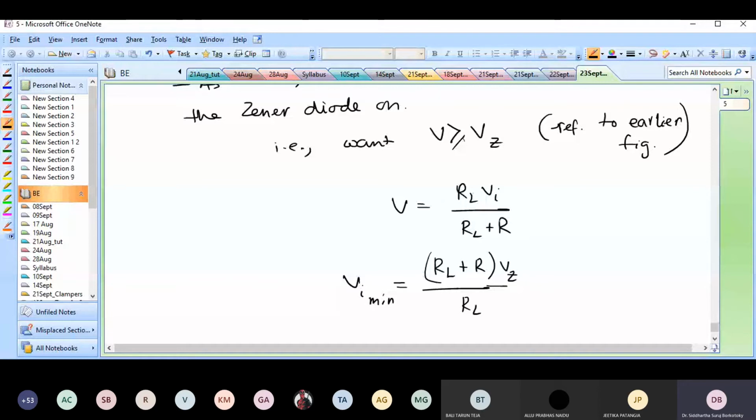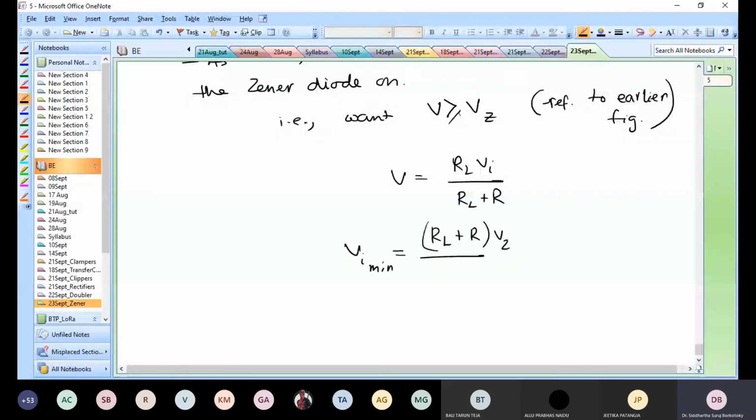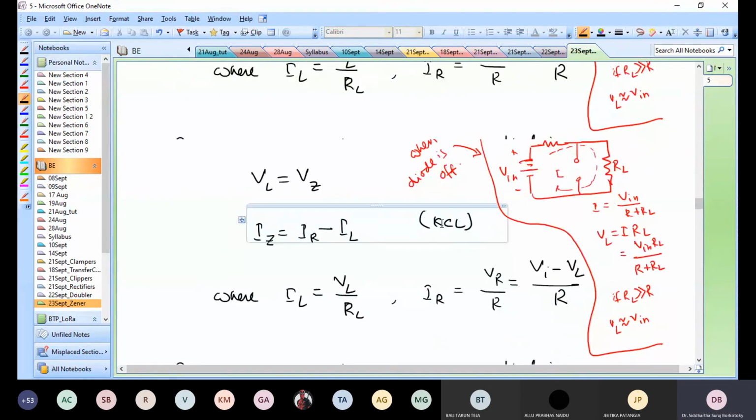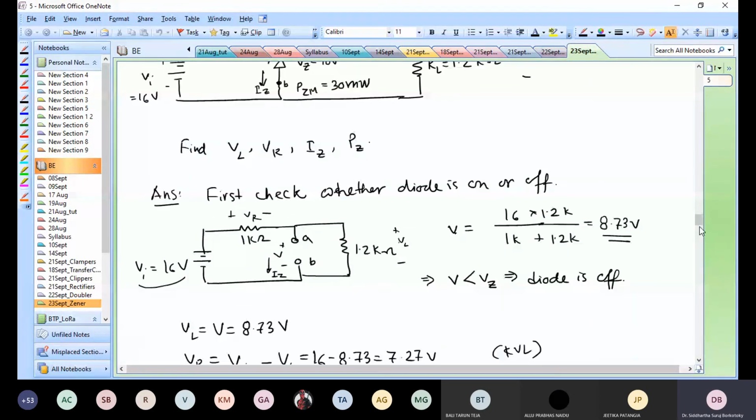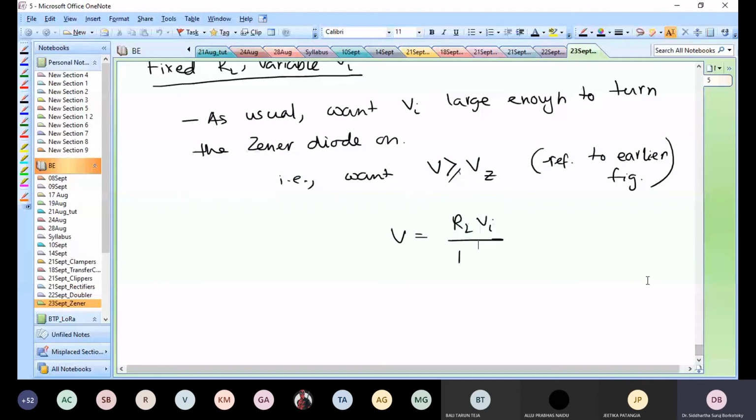Let's write it down just in case you get confused. It's very simple, but let's not take a chance. Sorry, there was some issue here. So we have V equal to RL VI by R plus RL.